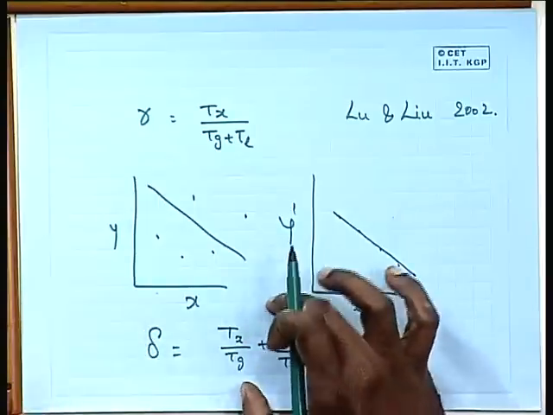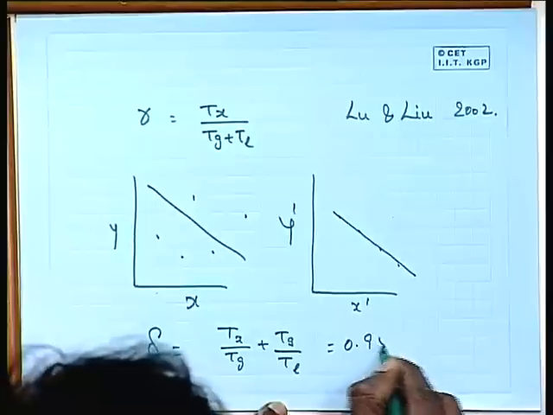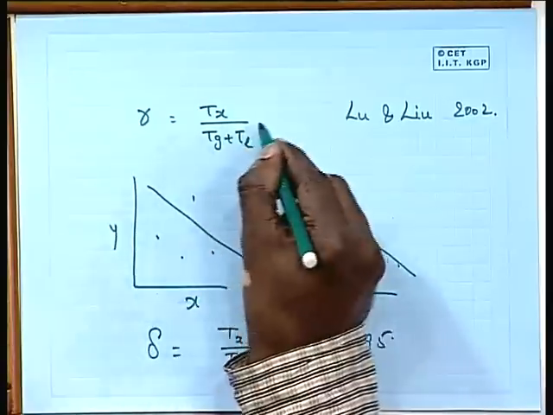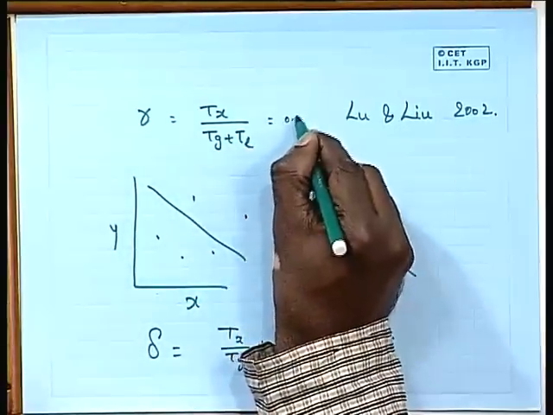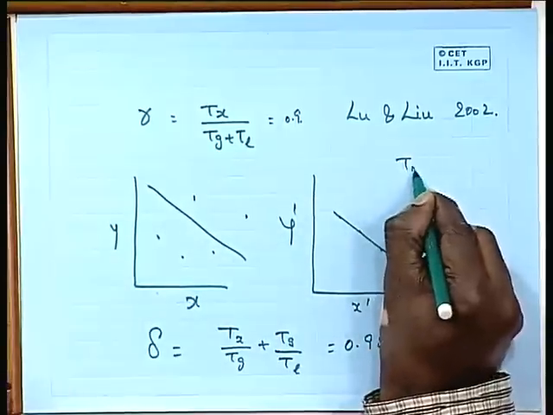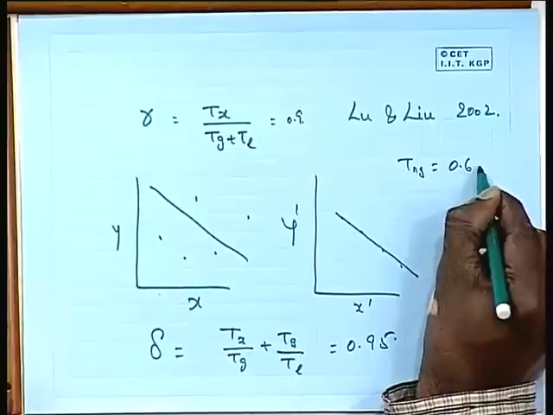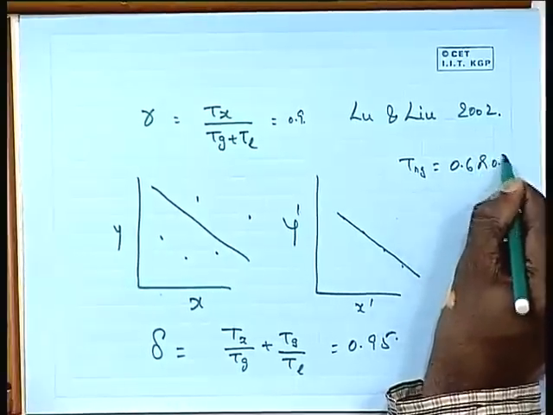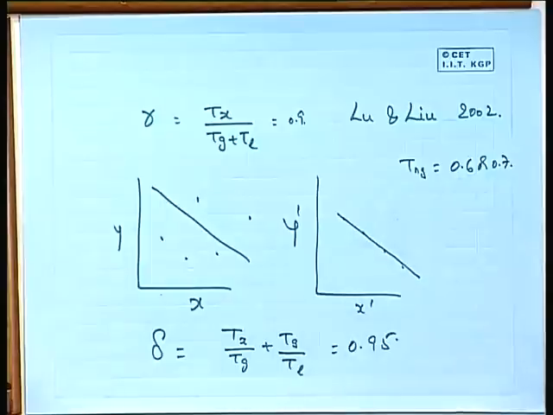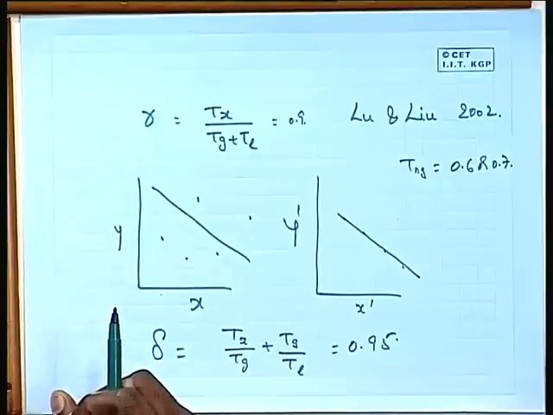The correlation factor for this is of the order of 0.95, whereas for this gamma you get about 0.9, and for the TRG many times you don't get beyond about 0.6 or 0.7. The R parameter is what people usually refer to as the correlation factor.